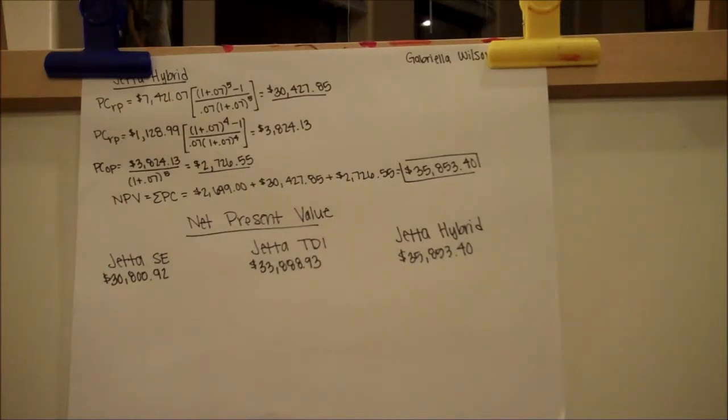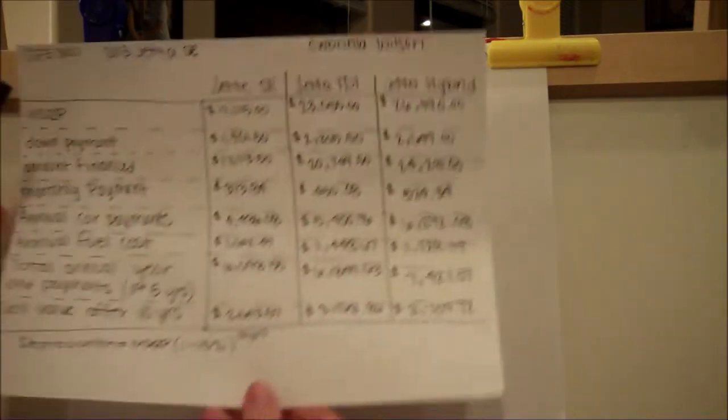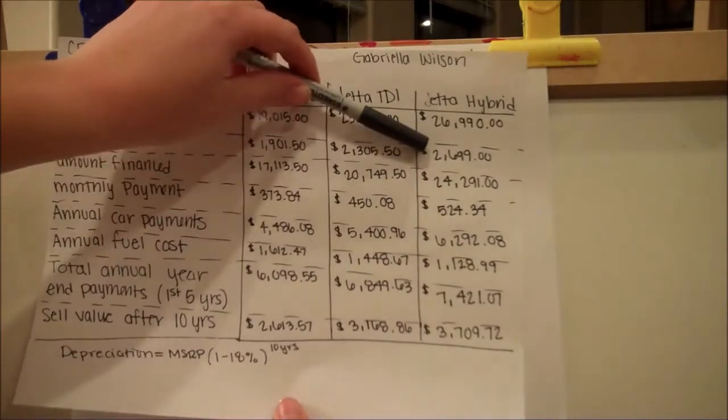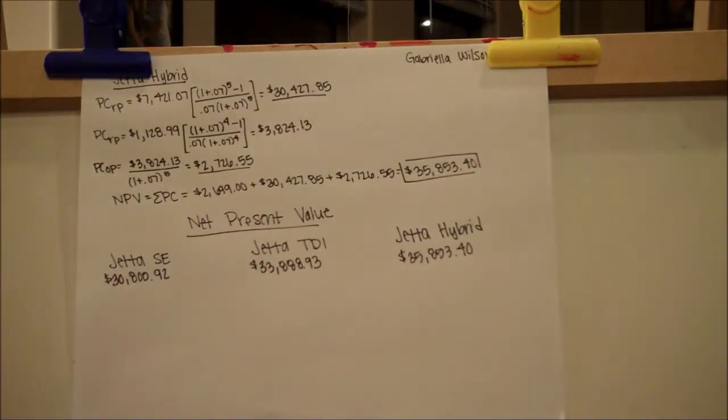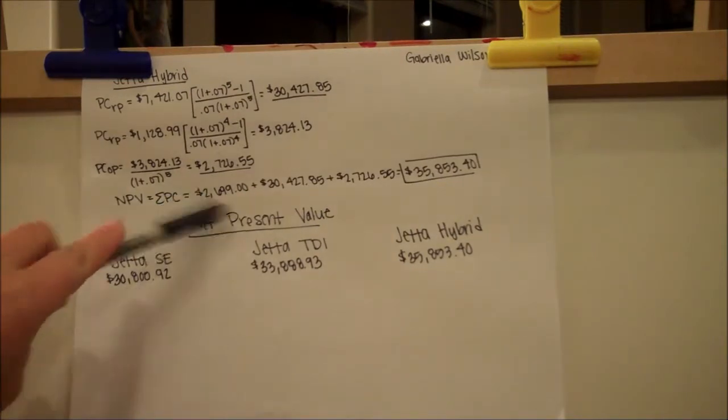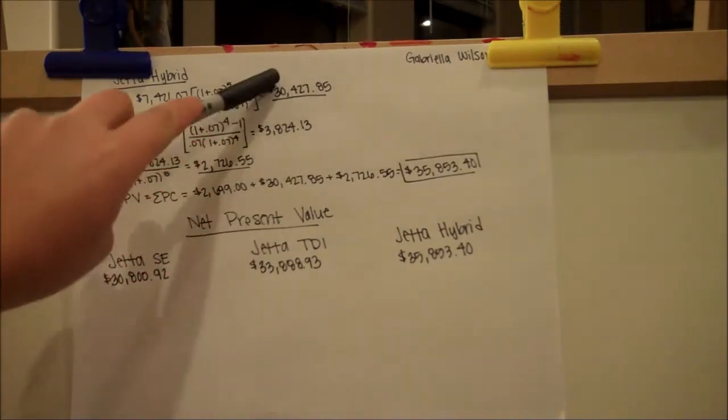So now we will do the net present value, which is the summation of all present cost of the hybrid. And our down payment for the hybrid is $2,699. So here is our down payment. This is our value right here.